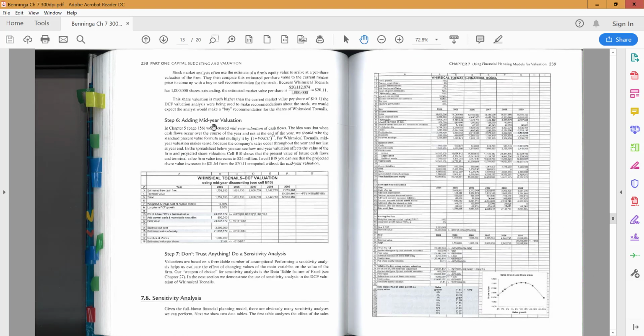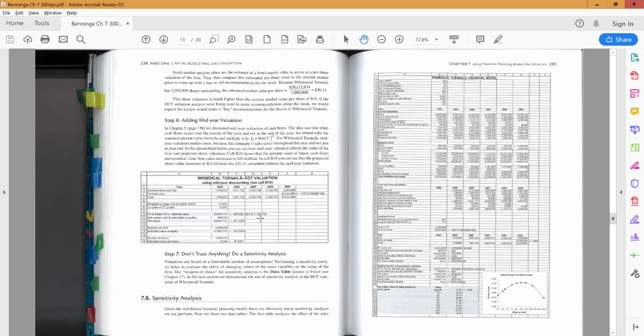Notice that in step 6, he comes back and adds a mid-year valuation. So if he's saying that we discounted even the first year at a full year worth of discount rate, now he's coming back to the NPV formula and multiplying it by 1 plus the WACC to the power of 1/2.